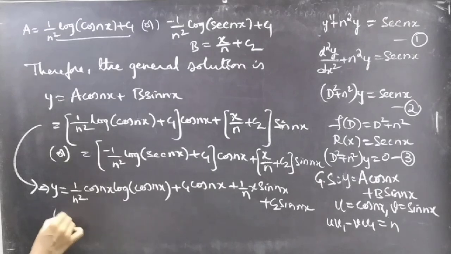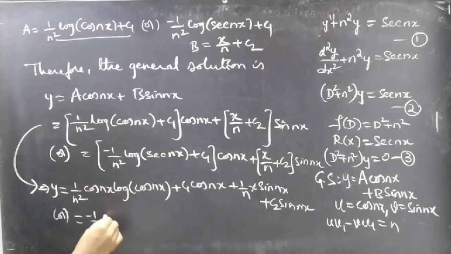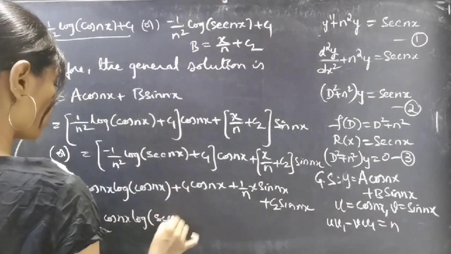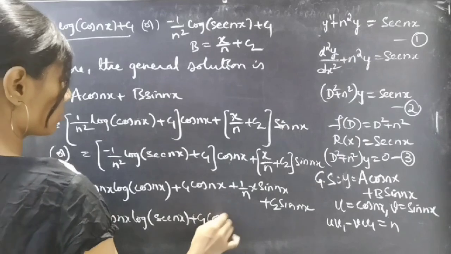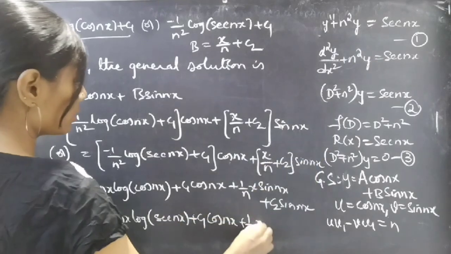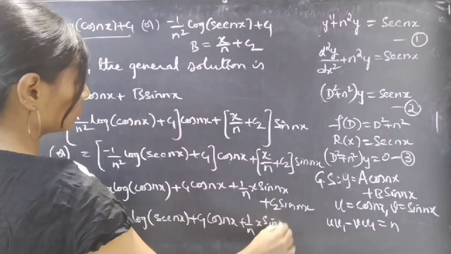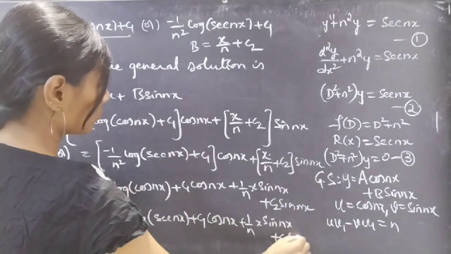or minus 1 by n square cos nx into log of secant nx plus c1 cos nx plus 1 by n x sin nx plus c2 sin nx.